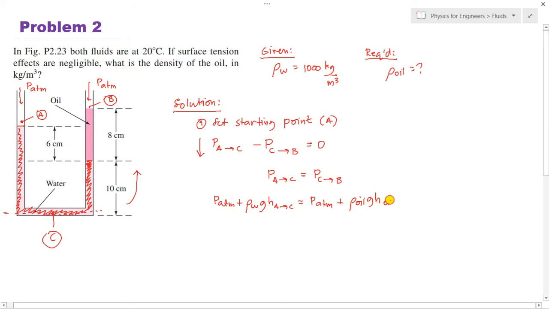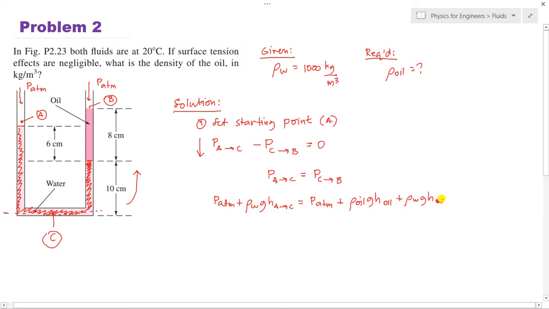The height of the oil plus kaning remaining nga height from this point, ang pinaka lowest point sa oil padung sa letter C, point C, ang height sa tubig kay 10 cm, so that is the density na pod sa water, the gravity times the height of the water here, HW na lang.